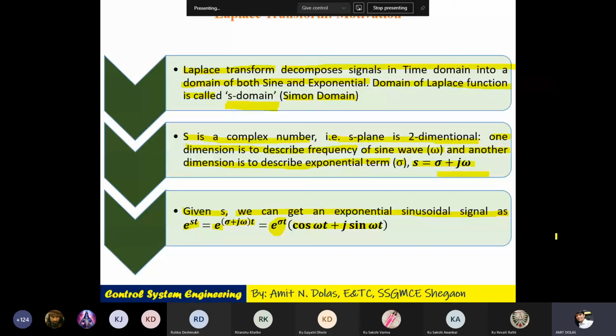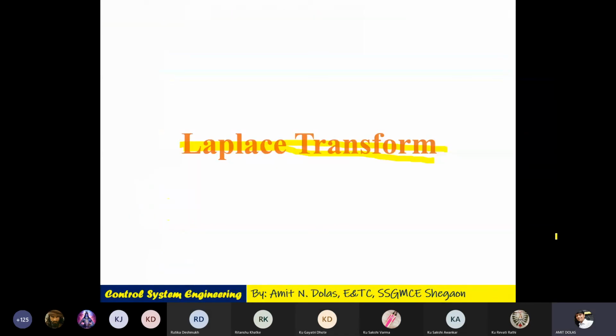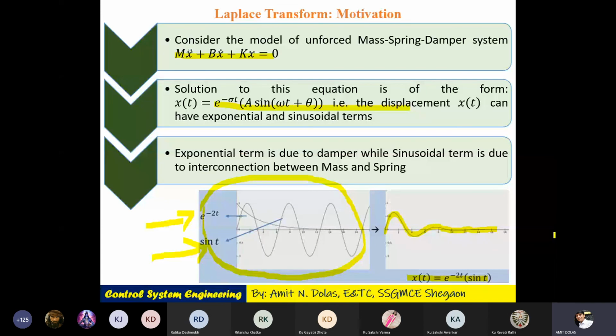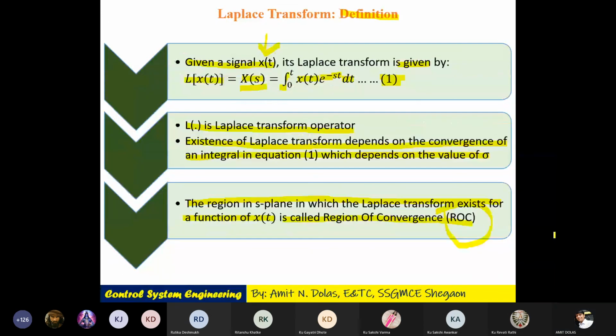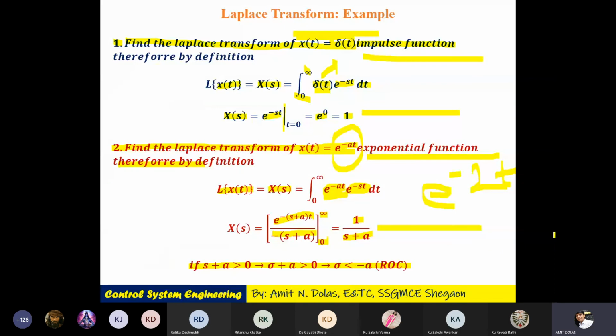Let me go to that slide. Is it visible? Tell me. This one. Example.